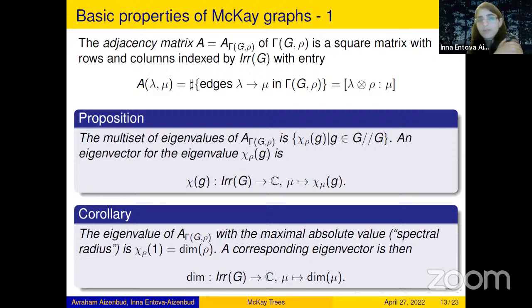And as we know, the number of edges between 2 vertices lambda and mu would be the multiplicity of mu in lambda times rho.